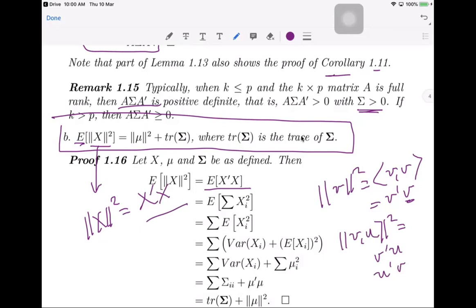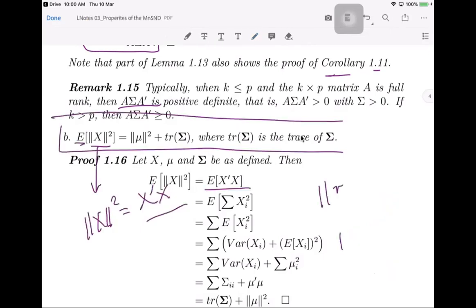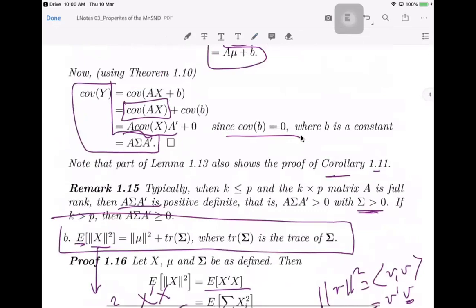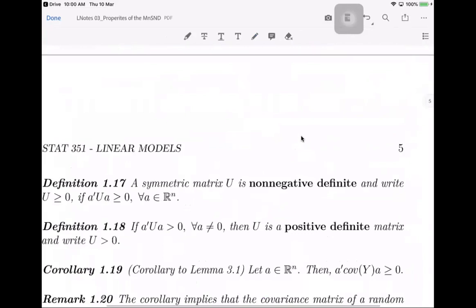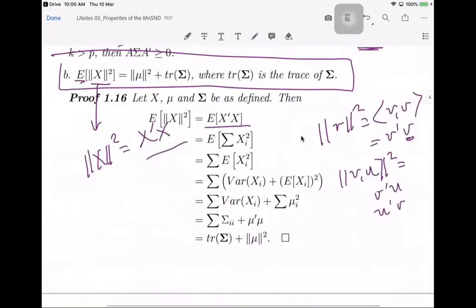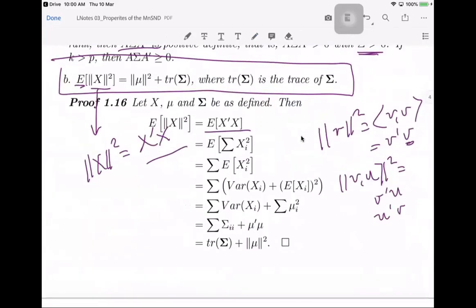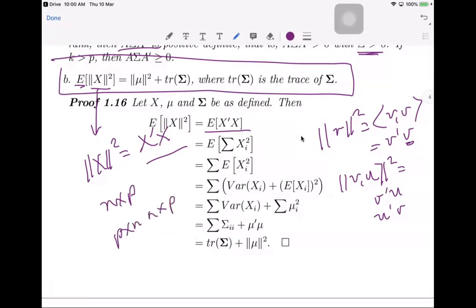X is a random vector, and X prime X should be conformable. For this to be conformable, it must result in a square matrix. If X is n by p and X prime is p by n, it is conformable and will result in a square matrix.